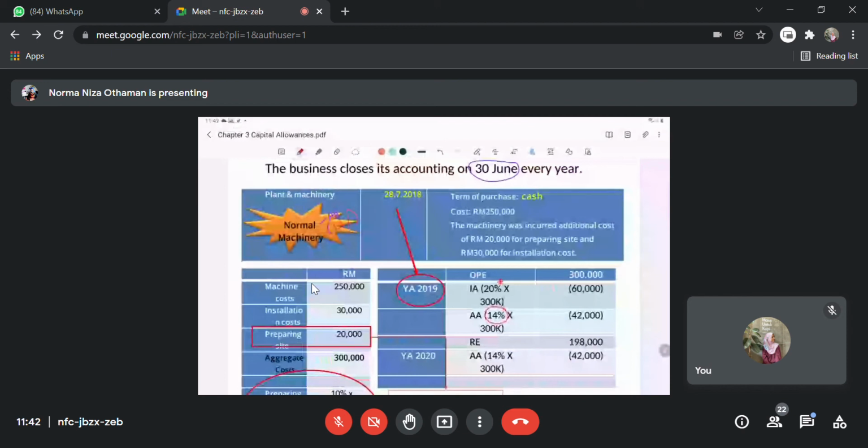So now you have to do the timeline. It closes in June, so 30 June. So when does it open? The date the account opens? 1st July. Can you see my timeline? Clear? Okay.